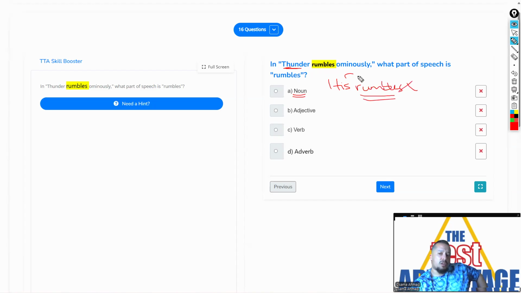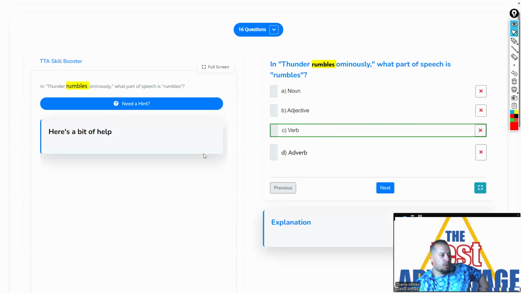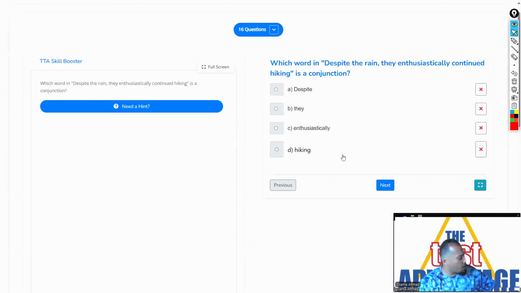Not really. This is a test I can use. Or a rumbles, right? No, also a bit weird there. It's a verb, right? And how do we know what the verb thunder does? Rumbles. What does rumble mean? Like shake or vibrate. Okay. Let's try another one here.